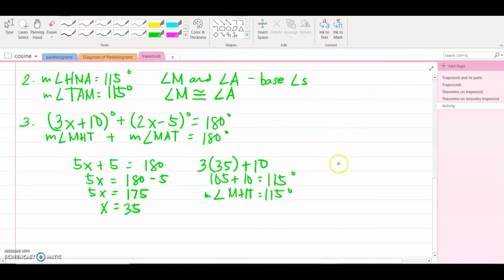Now for the measure of angle MAT, we have 2 times 35 minus 5. So we have 70 minus 5, which is equal to 65 degrees. So the measure of angle MAT is 65 degrees. And you will notice that the two angles are supplementary, because if we sum them, the sum is 180 degrees.